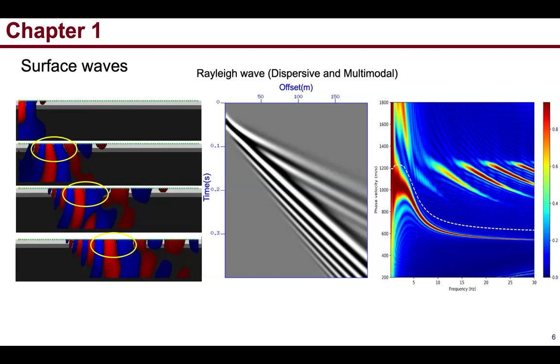One is that Rayleigh waves are dispersive, which means waves of different frequencies travel at different speeds, and also it is multimodal. So it has several motion patterns that travel with different times.